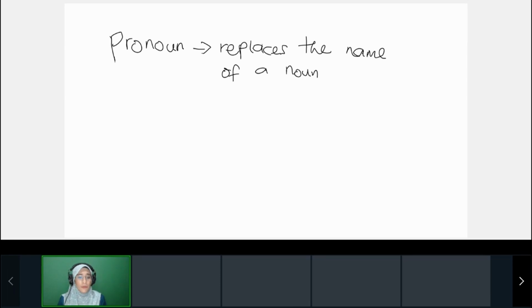So instead of using just Jim, you can say he, because of the gender of the dog being male. He is a male dog.